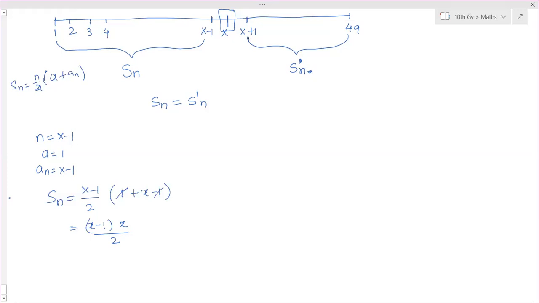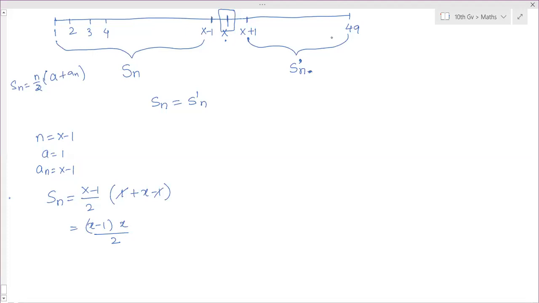Is any idea how to find out that? Ma'am, the whole sum, like 1 to 49 sum minus the Sn sum we got. No. Till that, this sum, we got till this part only. This is not there. So the whole part minus the sum till xth house, then we will get the sum of the remaining number of houses.